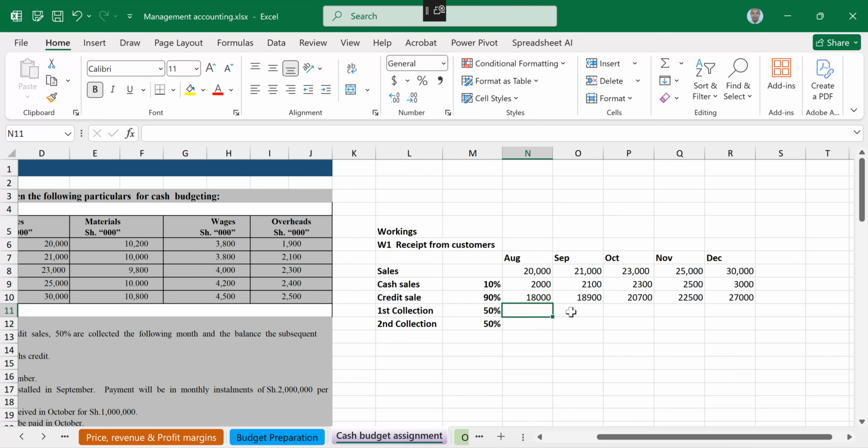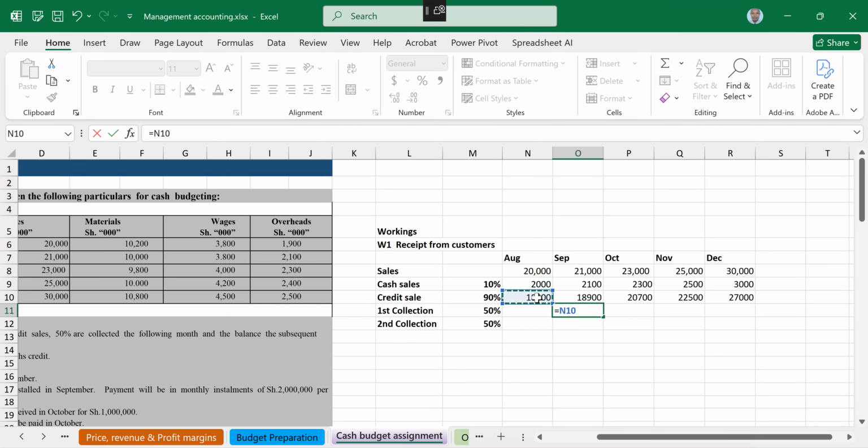For August, you collect in September. So go to September and say equal sign, click on the credit sale of 18,000, which will be collected in September, times, then click on 50%, lock the 50%.